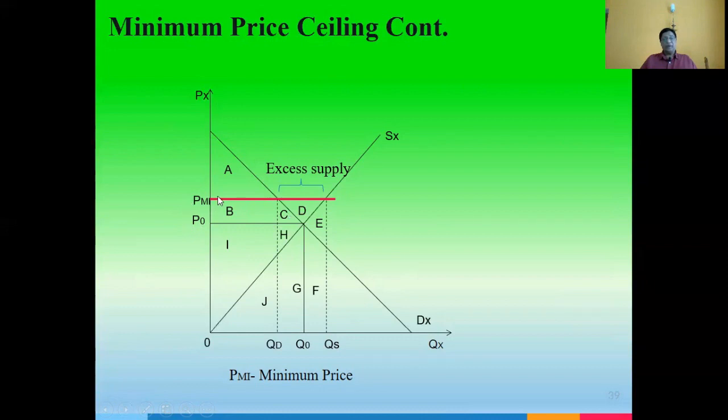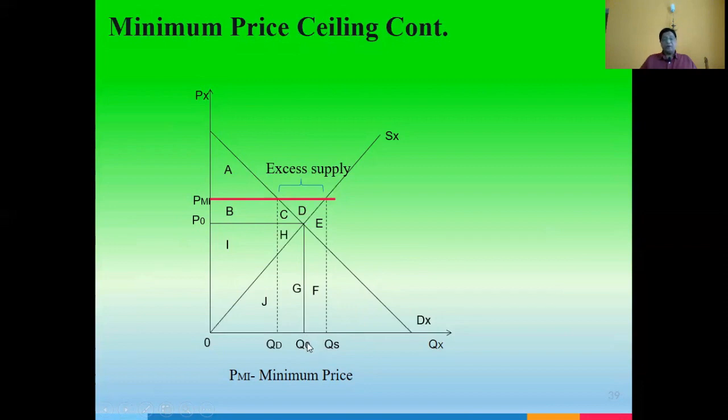Here PMI is the minimum price. When the government imposes a minimum price, supply rises from Q0 to QS. Supply increases from Q0 to QS because of the higher price given to the producers.